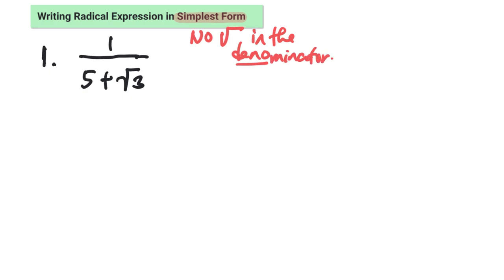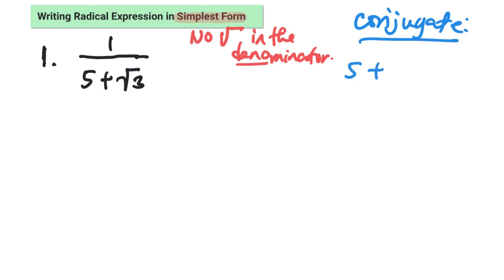Now, one keyword that I would like you to remember here is the word conjugate. The conjugate is actually just the opposite. Let's say in this case you have 5 plus root 3. The conjugate of that is going to be 5 minus root 3. So we're going to use the conjugate of 5 plus root 3 to solve this specific problem in its simplest form.